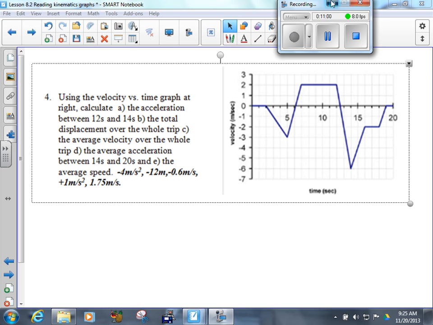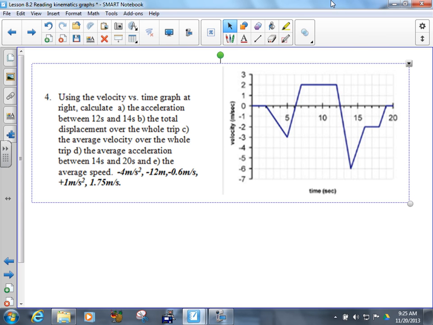Just want to quickly look at 4 here because we got a few questions coming up, mostly about the acceleration thing. It says find the acceleration between 12 and 14 seconds. Yesterday we said briefly that acceleration is the rate at which you change your velocity. If this is showing velocity on the y-axis and time on the x-axis, rate of change would be velocity divided by time.